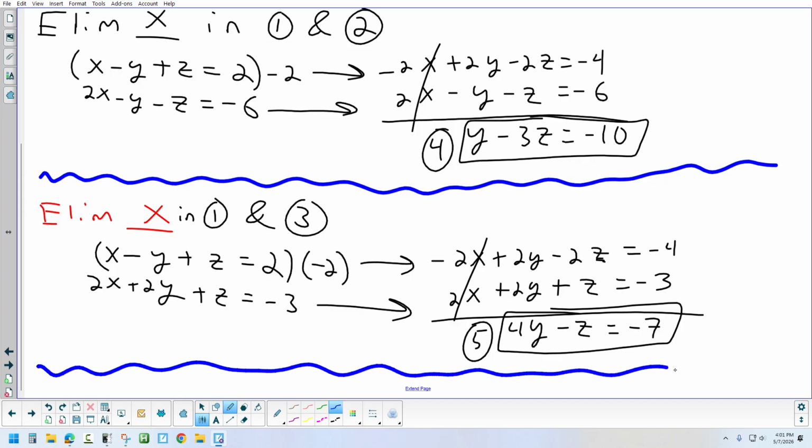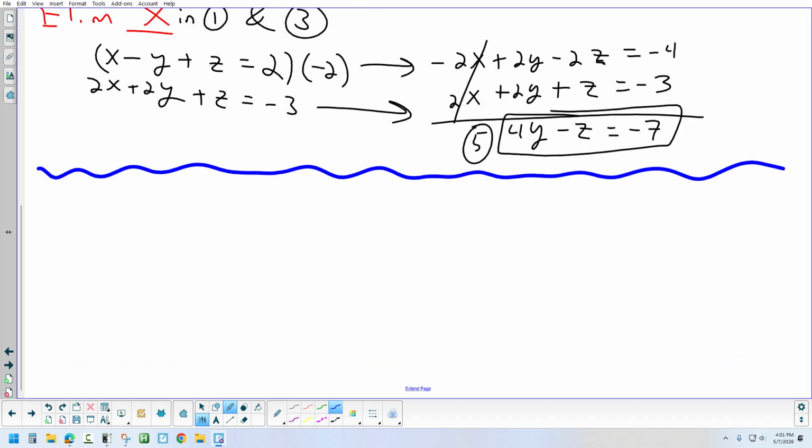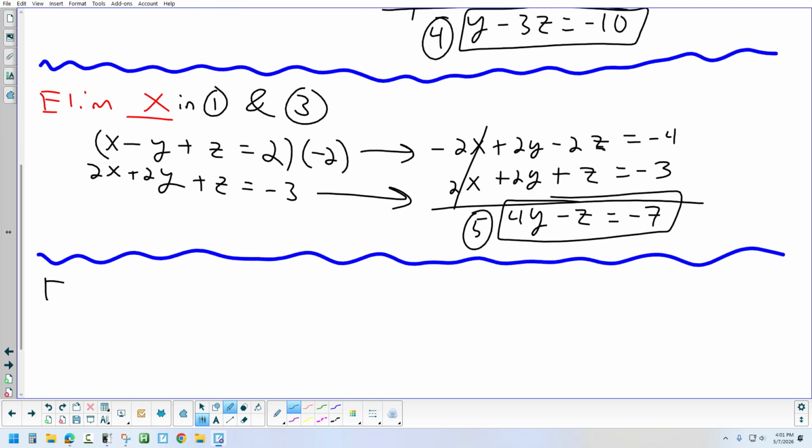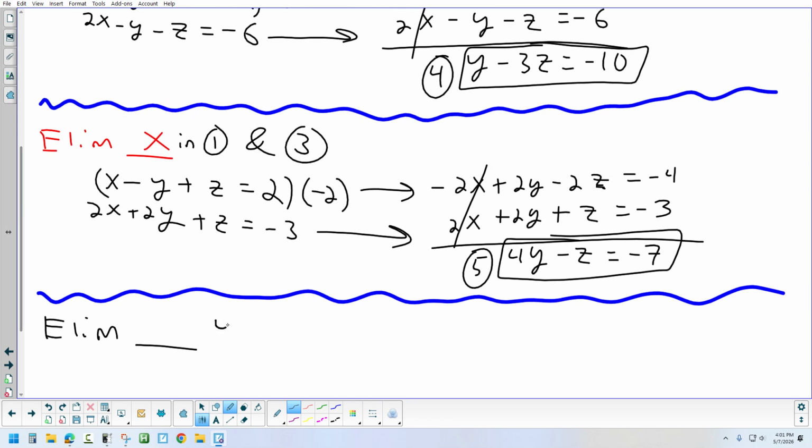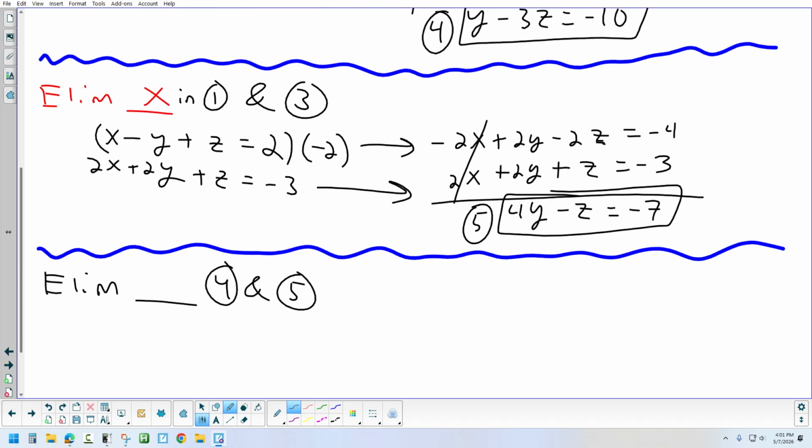Okay. So now we're going to use equations 4 and 5, and we're going to eliminate one more letter. What letter do you want to try to eliminate now in equations 4 and 5? y. Okay.